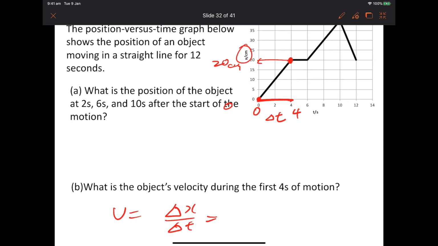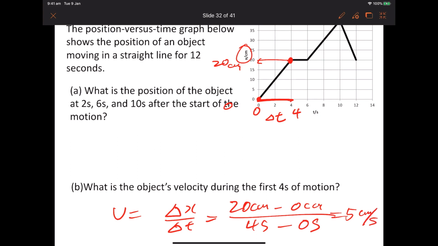Delta is always final minus initial. So it's 20 minus initial. Final is 4 seconds minus initial second. So therefore, in terms of centimeter per second, it's 5 centimeter per second. I think it's fine, but preferably you can convert this one is 0.05 meter per second.